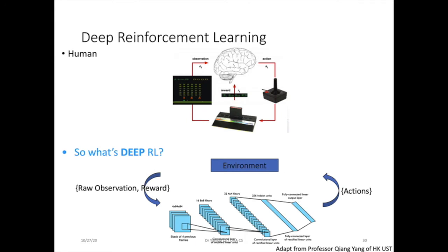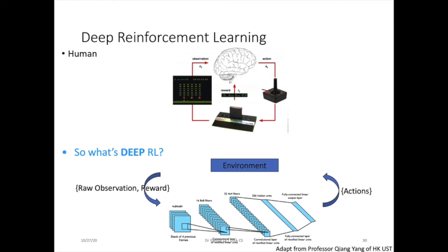So deep reinforcement learning, essentially, we can think of as using deep neural network functions within reinforcement learning. There are many different ways to use a deep learning function inside this reinforcement learning loop.